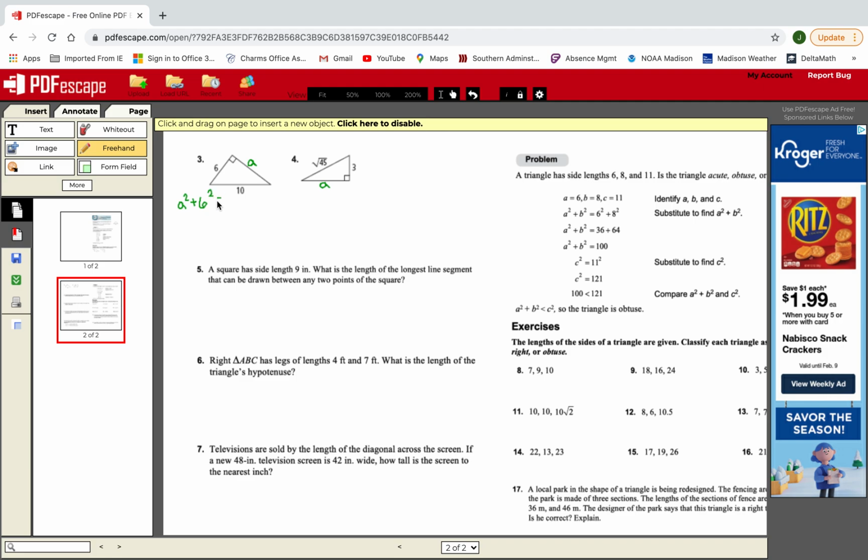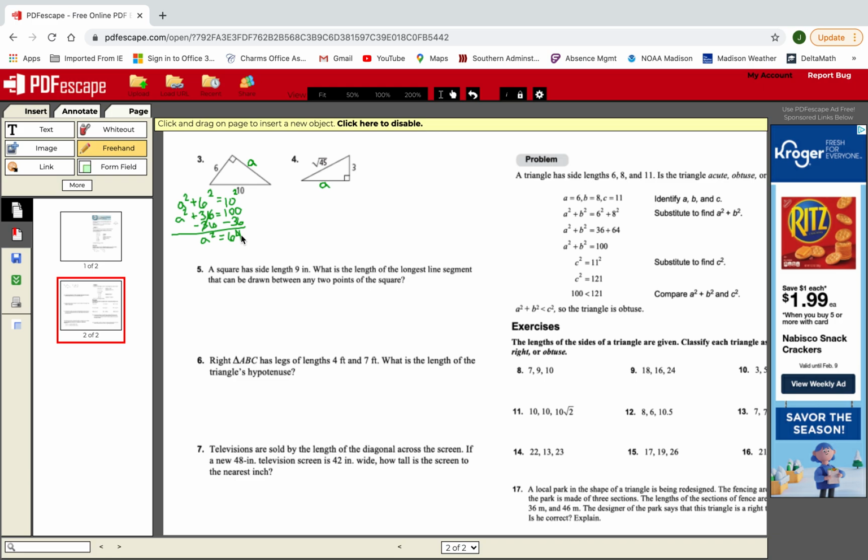It does work a little bit better when it's up closer to the top of the screen. Okay, so simplifying here, I have A squared plus 36 equals 100. My next step then would be to subtract 36 from both sides. Subtract 36. And I get that A squared equals 64.